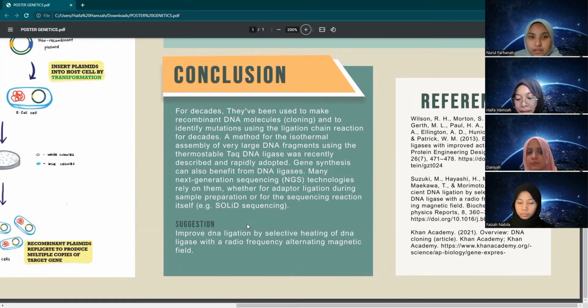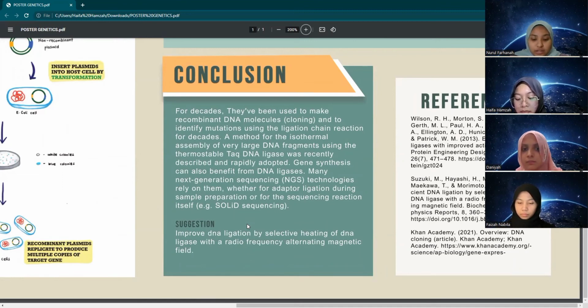So I will explain the conclusion. For decades, we have been using DNA ligase for many uses, and one of the most important is in recombinant DNA molecules, which we are discussing right now. The second is that we use DNA ligase to identify mutations using the method of ligase chain reaction.